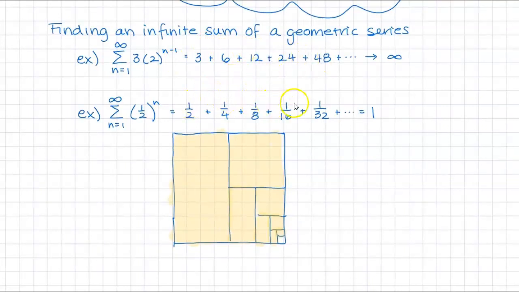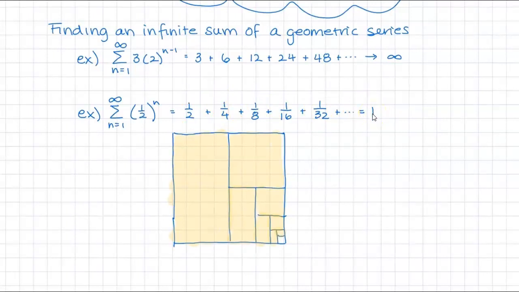These terms are getting smaller and smaller and tending towards 0. 1/2, not that close to 0. 1/4 is a little closer to 0. 1/8 is even closer. 1/16, even closer. 1/32, even closer to 0, and so on. Each term is going to get closer to 0. So as long as the terms get closer to 0, you're going to get a sum.